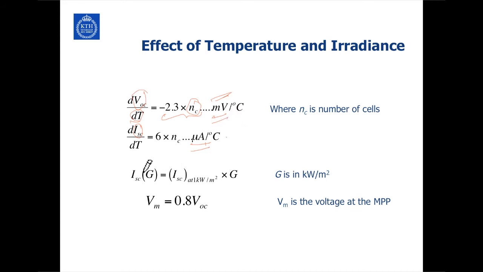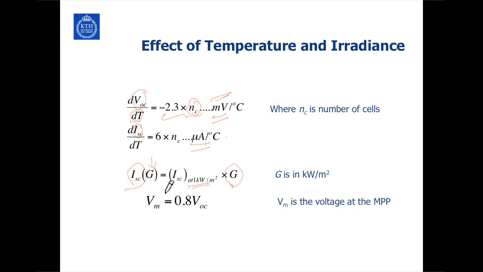And the way you can calculate that, for example, when you look at the different intensity of the solar radiation, the short circuit current at a particular G is given by, let's say for example you have 500 watts here, you multiply that by the ISC at 1000 watts per meter square, that's where things are generally calibrated, and multiply by G, which is in kilowatts per meter square.